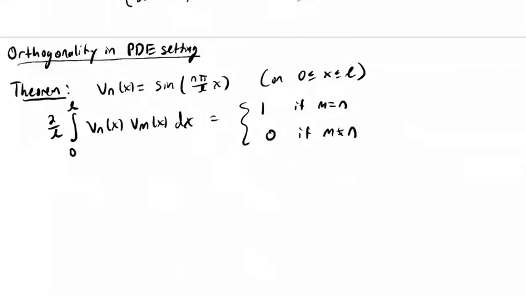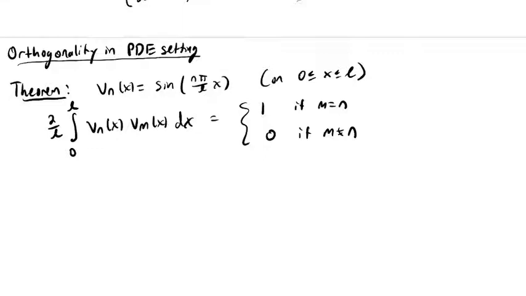Where if I integrate, instead of taking the dot product, I'm now looking at the integral on the domain of the product of the two functions. This really is kind of like a higher dimensional or generalized dot product, but you can also just think of it as an integral, and that's fine. Look at the integral of Vn times Vm.